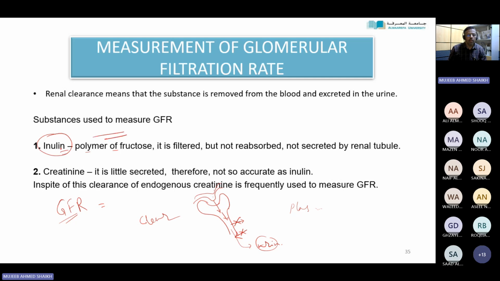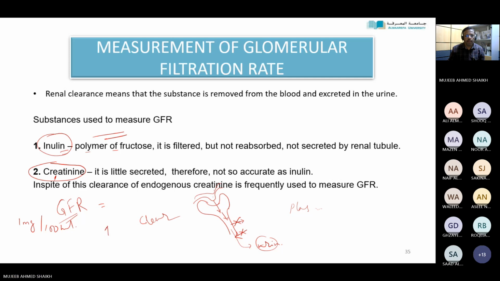But inulin is not a good thing to keep, and it is not possible to keep the same concentration by infusing inulin. That's why doctors and scientists decided to use a substance which is produced in the body, known as creatinine. If you know the creatinine clearance, you can ultimately say the GFR. Normal creatinine level is 1 milligram per 100 ml of blood.